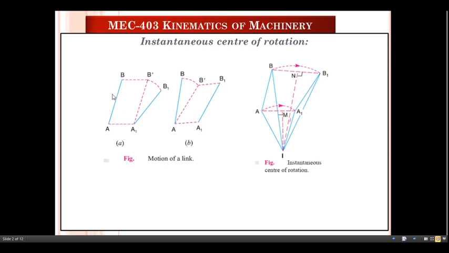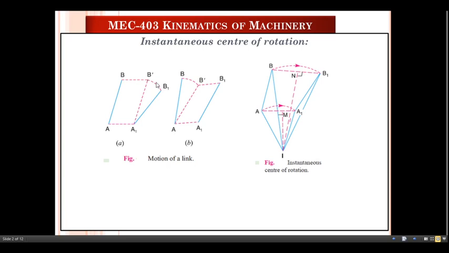It is the combination of translation motion, from shifting a point from A to A1 and from B to B dash. And after that, the A1 point, here the A point will remain constant at the fixed position, and the rotational motion occurs for this B point. B will start its motion from this B dash up to B1. So this motion is nothing but the rotational motion.